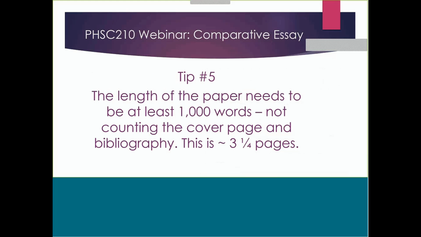Tip number 5, the length of the paper needs to be at least 1,000 words, not counting the cover page and bibliography. So your text should be a minimum of about 3 1/4 pages. You can always use the word count function under the Review tab in Microsoft Word to do a quick word count.